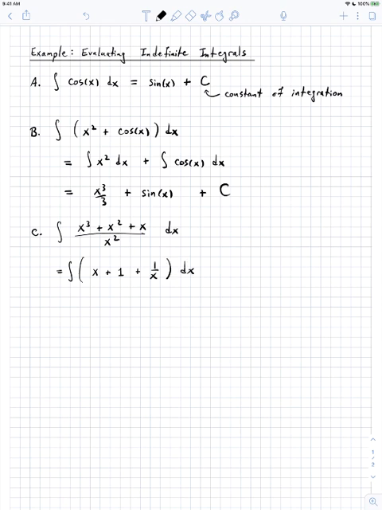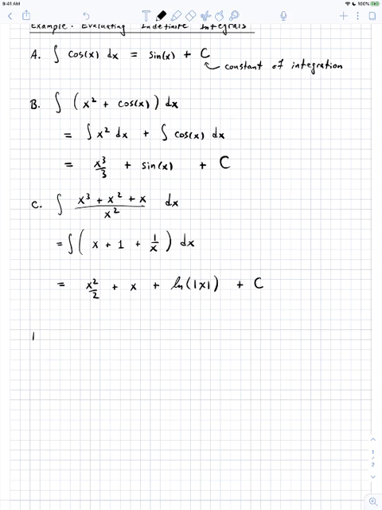Each one of these is a power function, x to a power, and I can integrate all of these. X squared over 2 plus x plus, and be careful you don't forget, this is the natural logarithm of the absolute value of x, plus some constant. So in this problem, we started with something unfamiliar, and we used algebraic properties to change it so it looked a little bit more familiar.